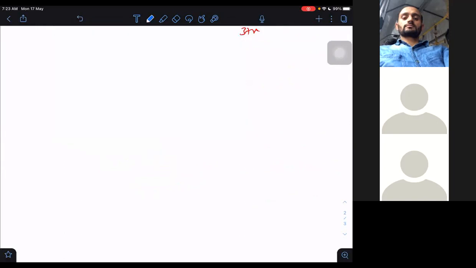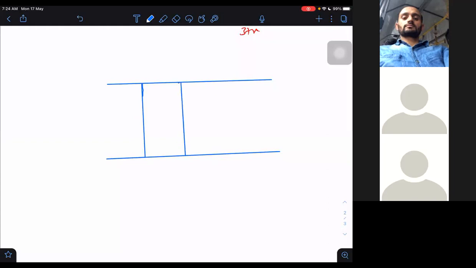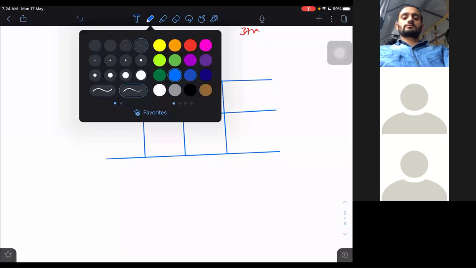Some different variety we can try. This one we can try.